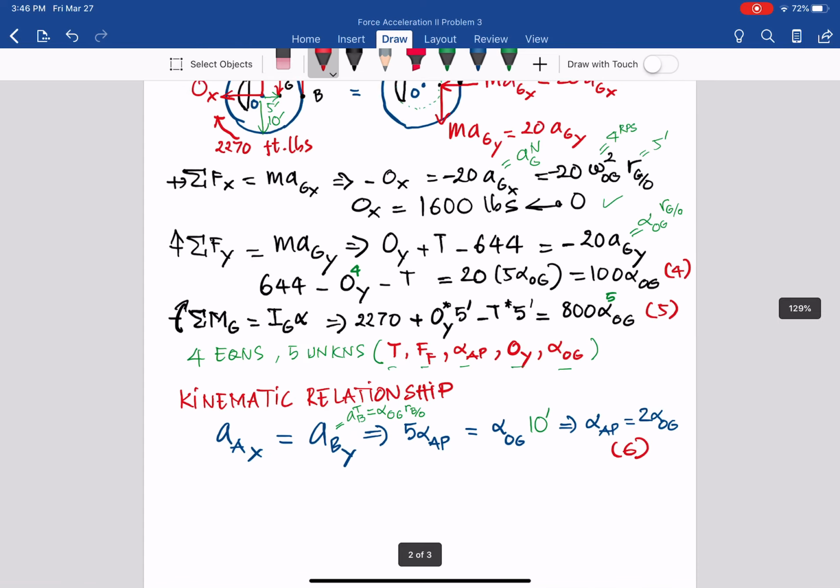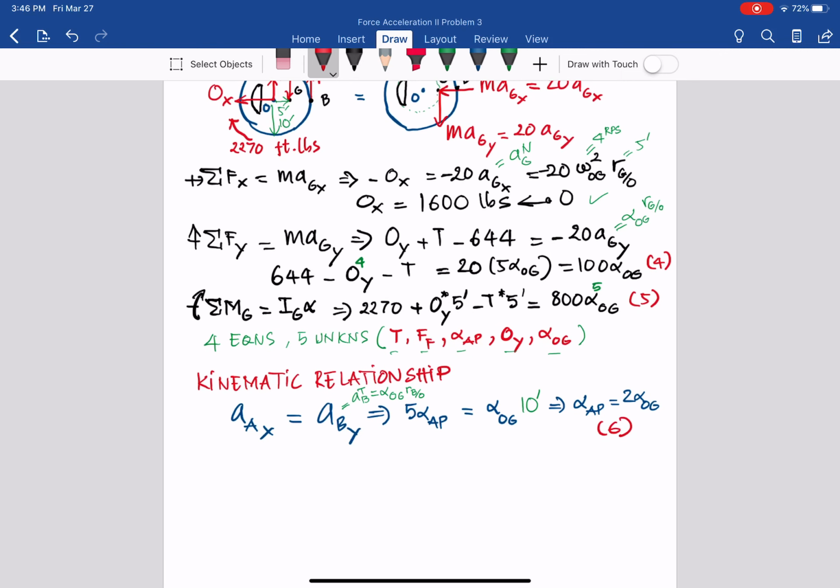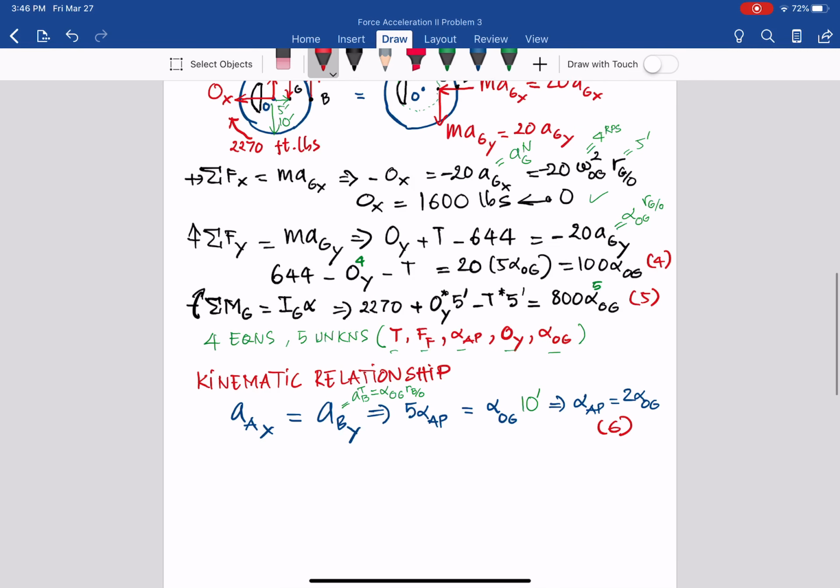And now you have equation 1, equation 2, equation 4, 5, 6: 6 equations, 6 unknowns, right? You can see more detail in the PDF, but I can say solve equations 1, 2, 4, 5, and 6.